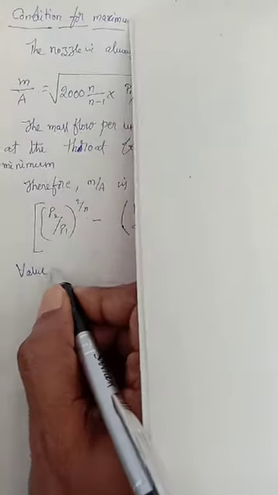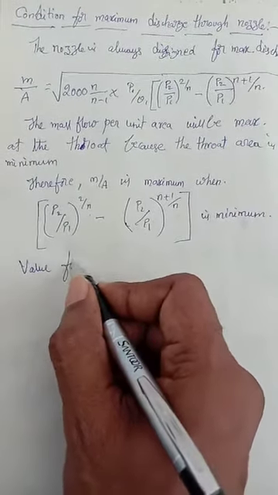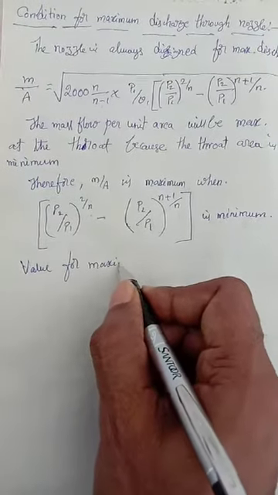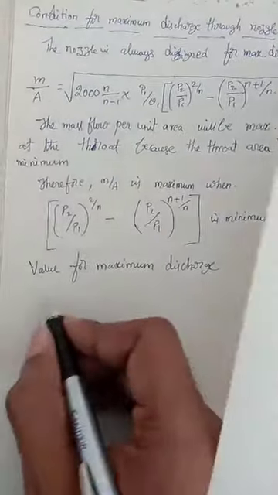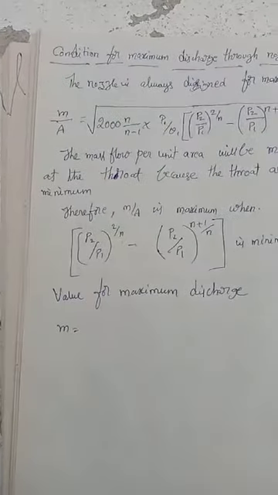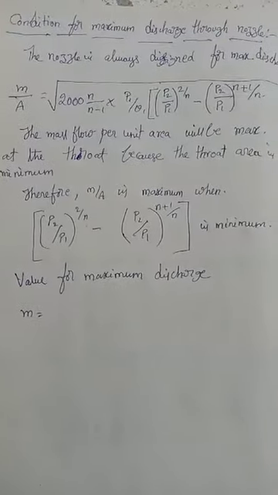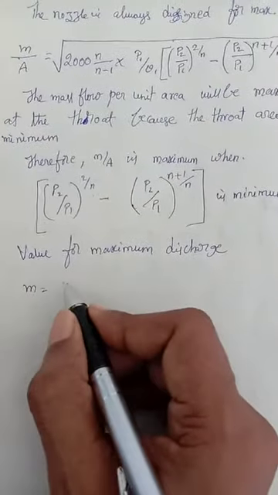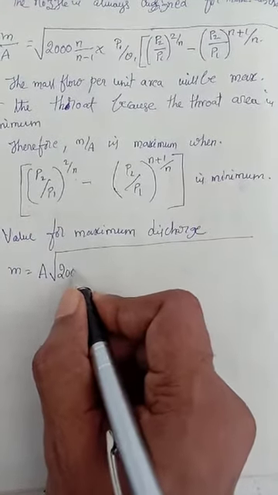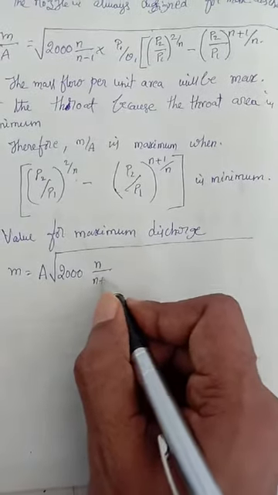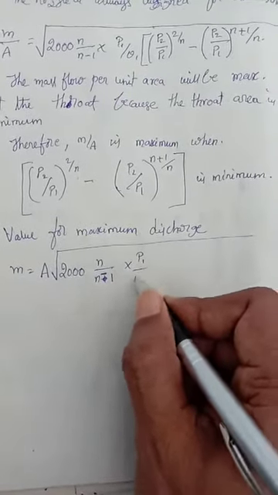So now here, value for maximum discharge: M is equal to A root of 2000 n by n minus 1 into P1 V1.